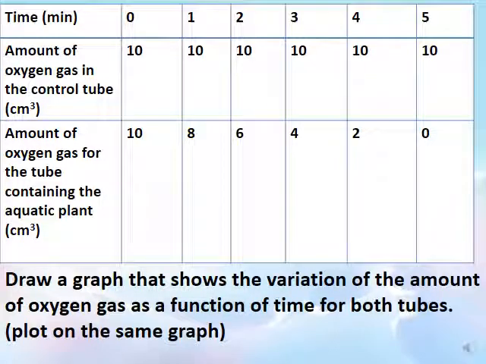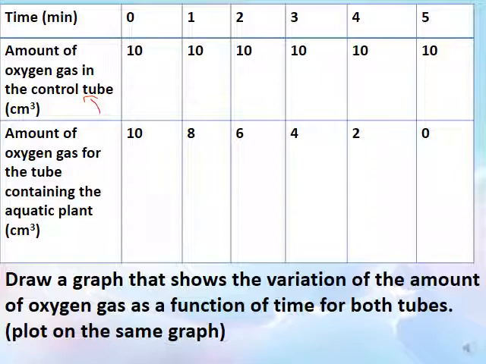Moving to this table, it is showing the variation of the amount of oxygen gas in the control tube. This control tube is mainly called the control experiment. This one is used to compare and to explain the results. And the second tube contains the aquatic plant. The control tube contains nothing, so the amount of oxygen remains constant.